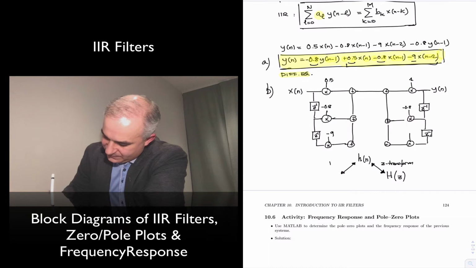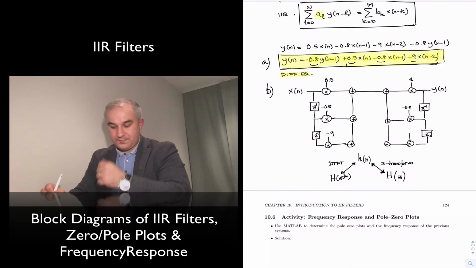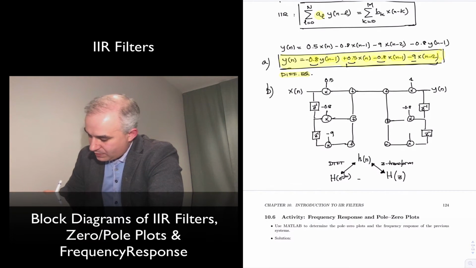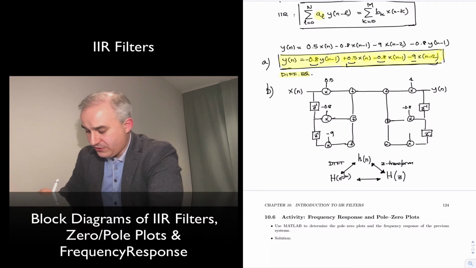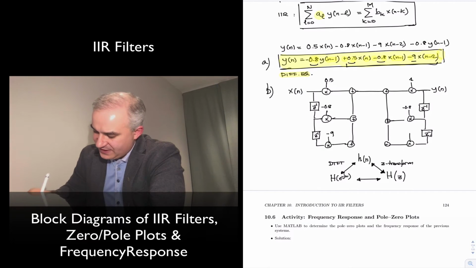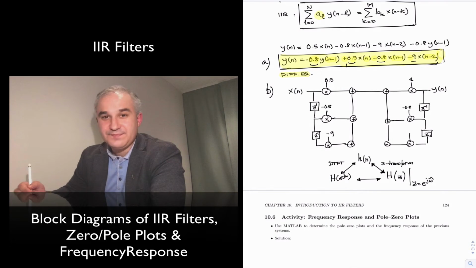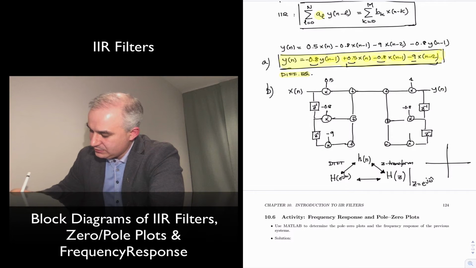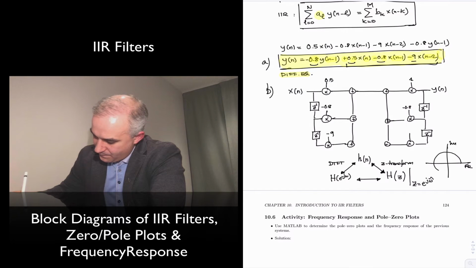We can also, using the discrete time Fourier transform, go to the frequency response. We can go from the system function to the discrete time Fourier transform by evaluating z equals e to the j omega hat, meaning evaluating this is real, this is imaginary, in the z plane around the unit circle.